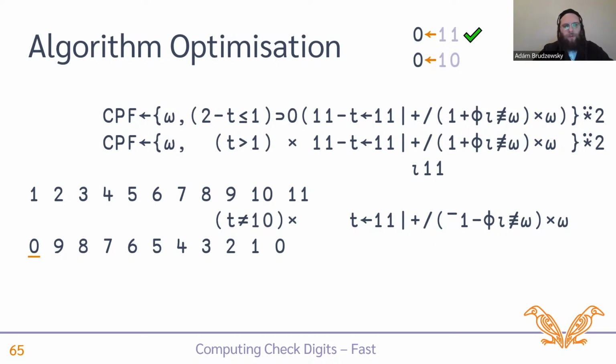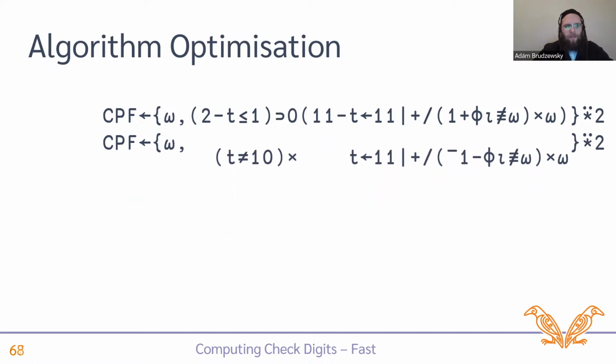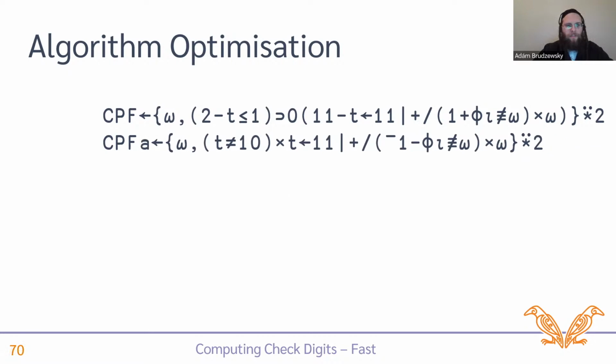We want to preserve the value of t if t is different from 10. Otherwise, we null it out. And that takes care of our second special case. Let's put all of this together in our function and give it a new name so we can start comparing them.